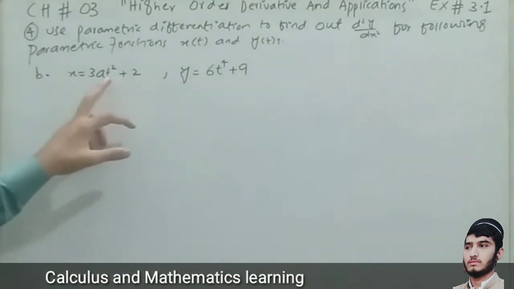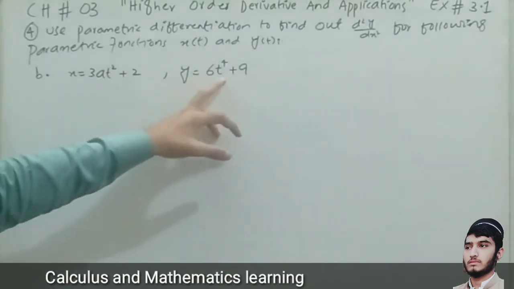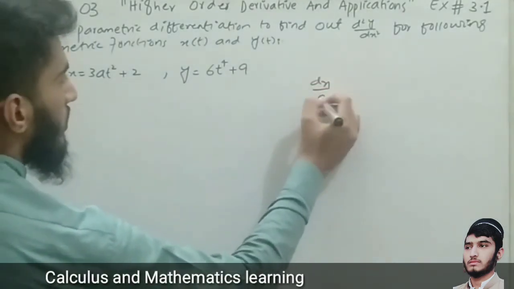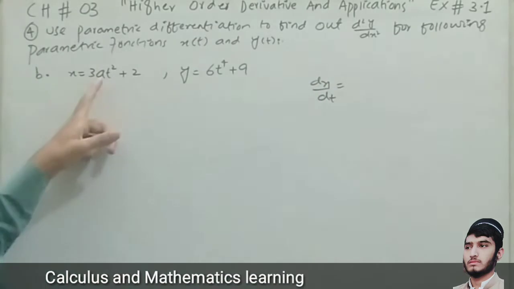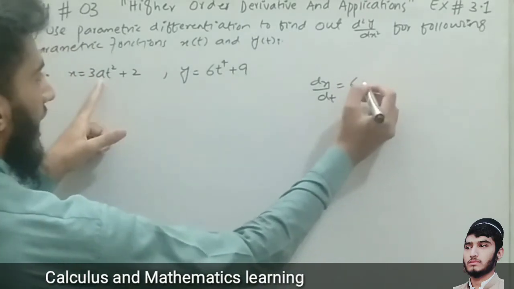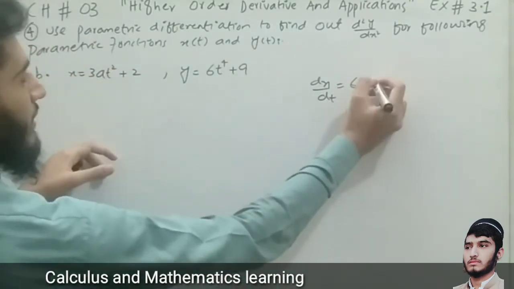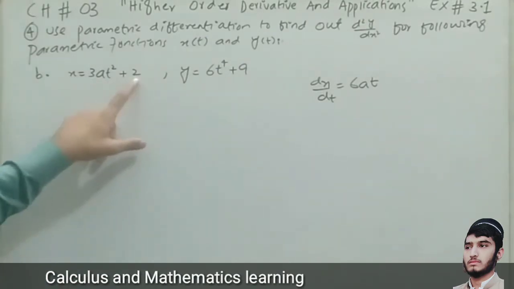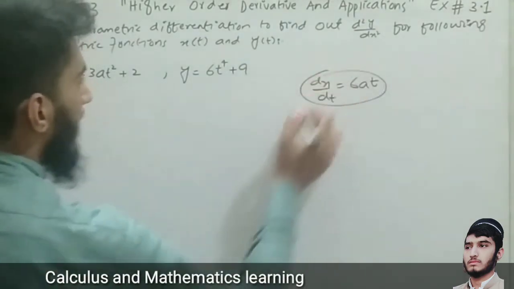x is equal to 3at square plus 2 and y is 6t power 4 plus 9. So the derivative of x with respect to t: 2 will come to the front, so 3 multiplied by 2 will give us a value 6. And a is a constant and we will subtract 1 in the power, it becomes t. So 6at, and the derivative of 2 is 0. So this is dx by dt.